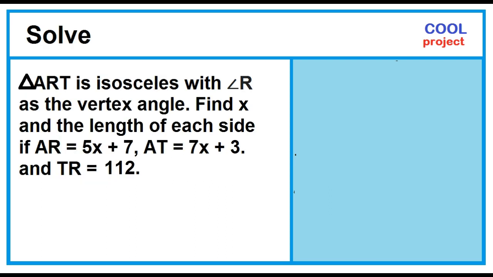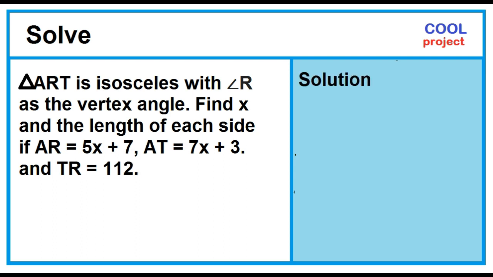Solve. Triangle ART is isosceles with angle R as the vertex angle. Find x and the length of each side if AR is equal to 5x plus 7, AT is equal to 7x plus 3, and TR is equal to 112.